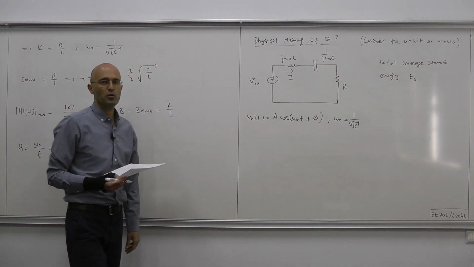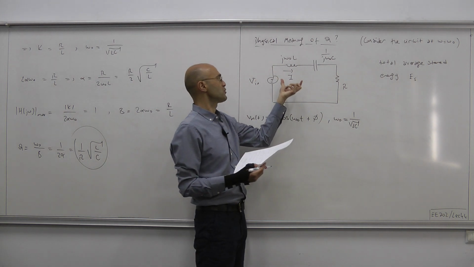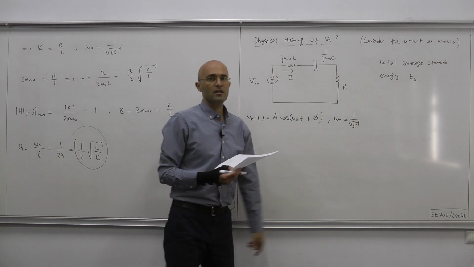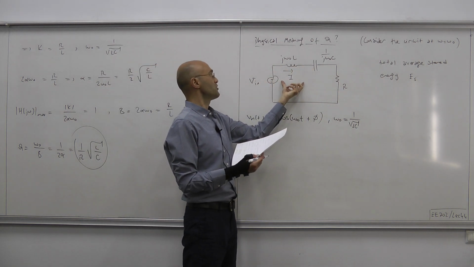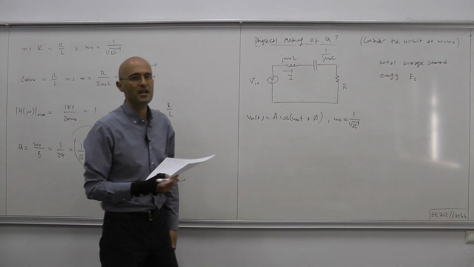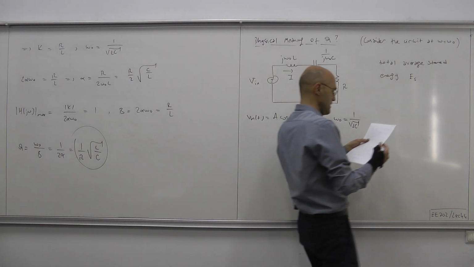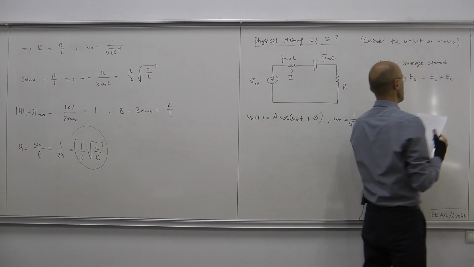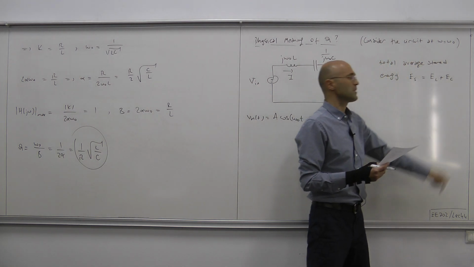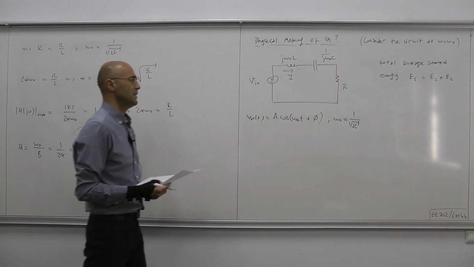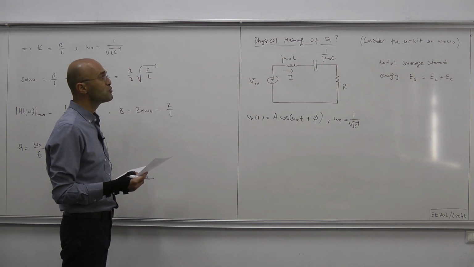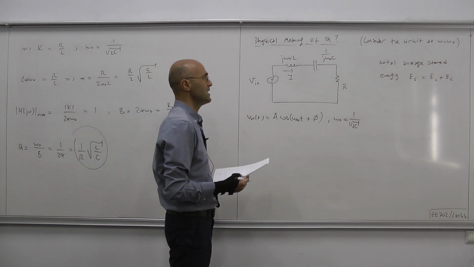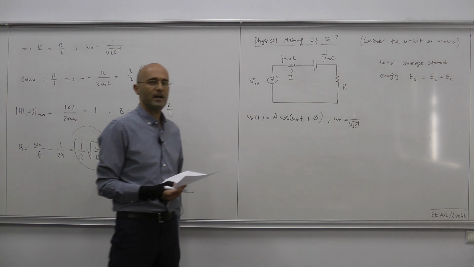Therefore, by total average stored energy, we mean the average stored energy in the inductor plus the average stored energy in the capacitor. So ES equals EL plus EC. Let's compute those quantities, EL, EC, and then finally ES.